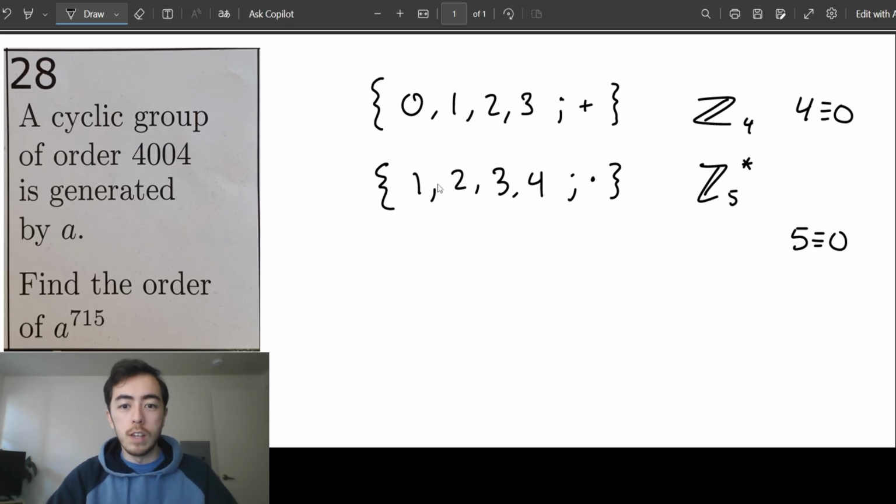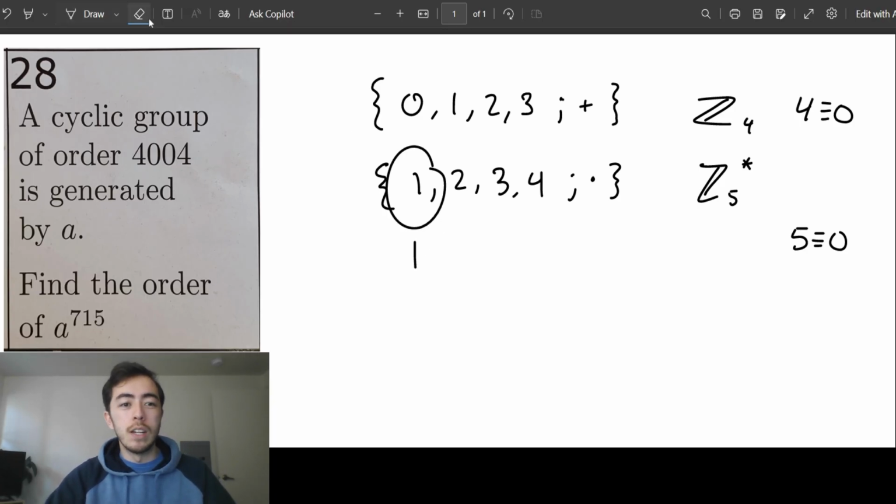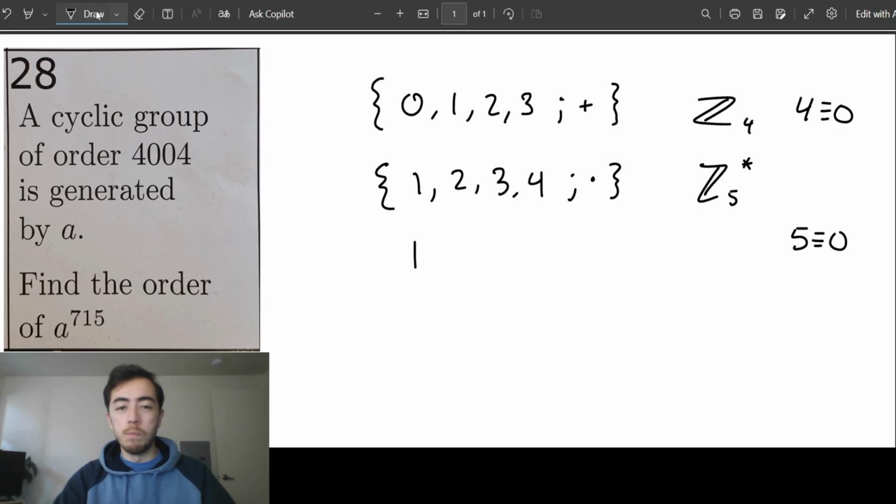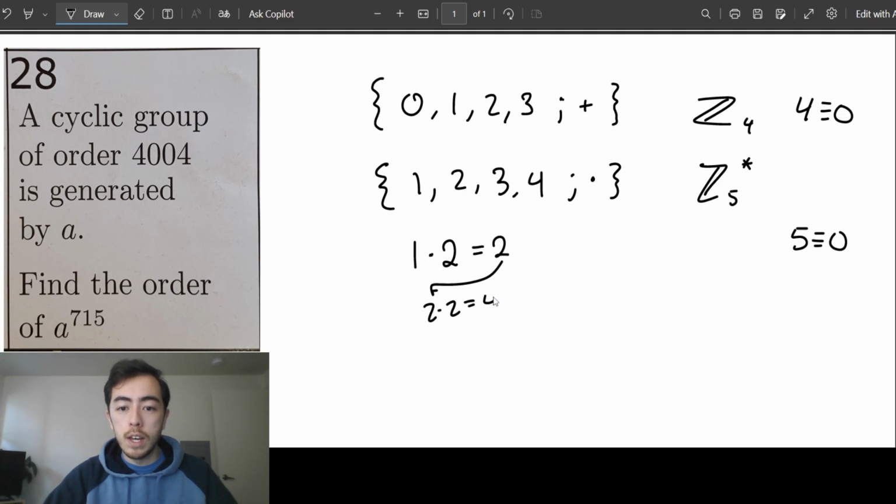But I want to put just these 4 numbers here, and I want to show that these two groups are essentially the same. Let's start with our identity element. The identity, again, is one that does nothing, and multiplying by 1 does nothing. And then let's test to see if 2 is a generator. I could multiply by 2. I could multiply by 2 again. I could multiply by 2 again.